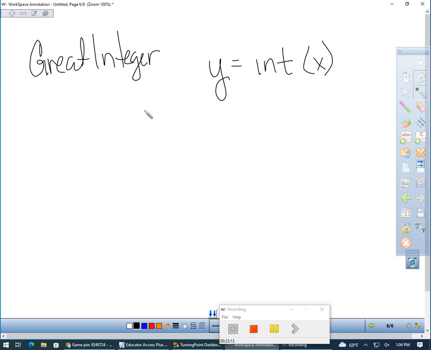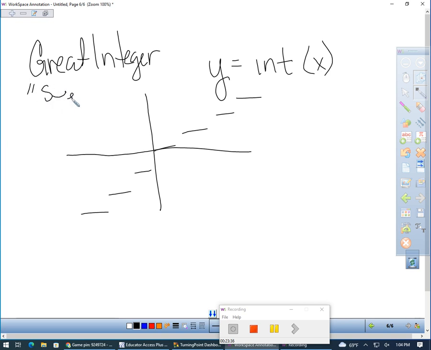What that means is that your y value can only be whole integers. So it actually looks like this. Okay? They call this a step function. Because it looks like stairs going up, right?